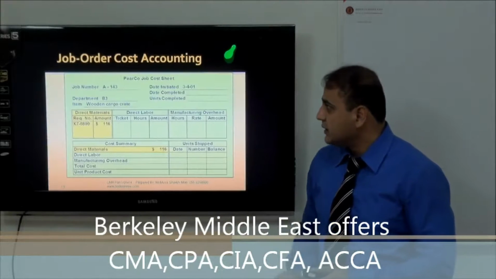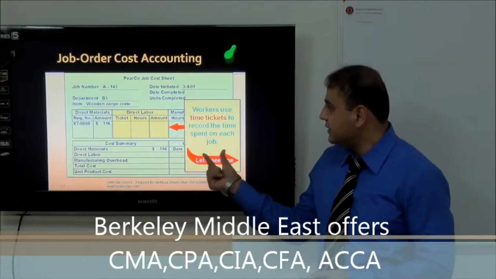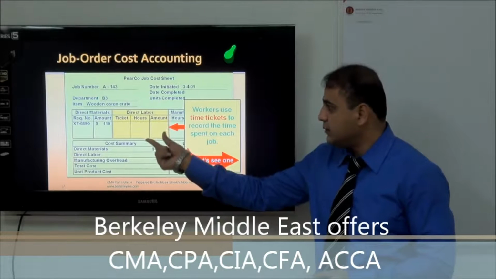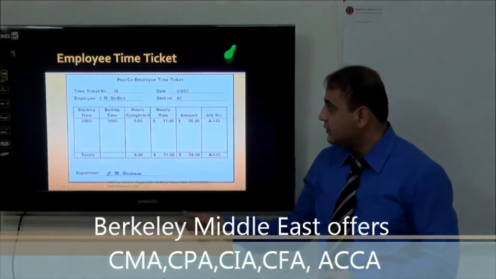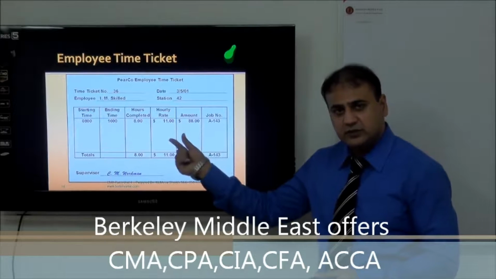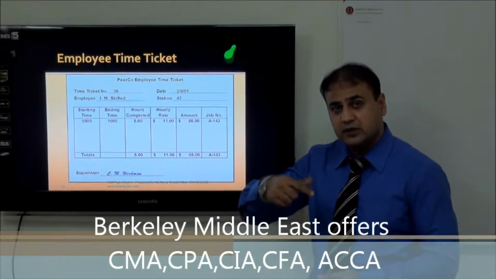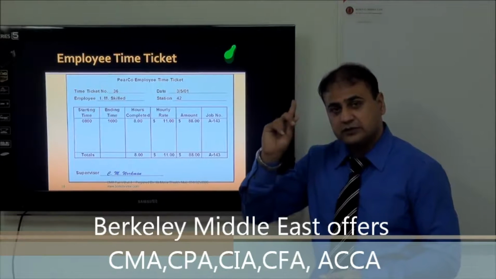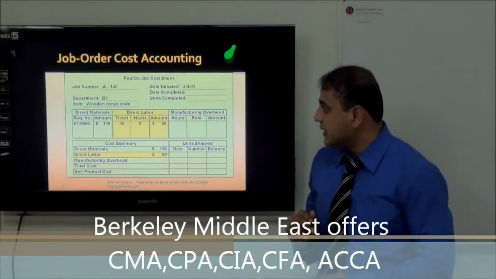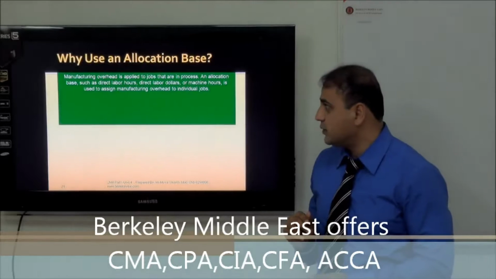Then it goes to job order costing, where we are going to have a time ticket, which shows the time, direct labor hours, amount, and the hourly rate. From this sheet we get the direct labor cost, and from material acquisition we know the direct material information, and then surely we need to add the manufacturing overheads.